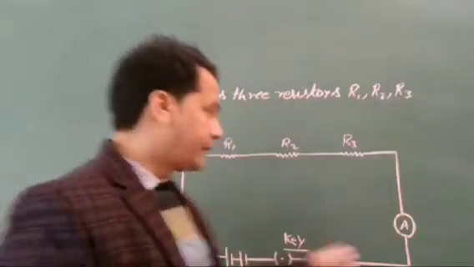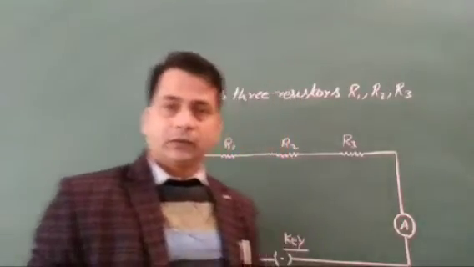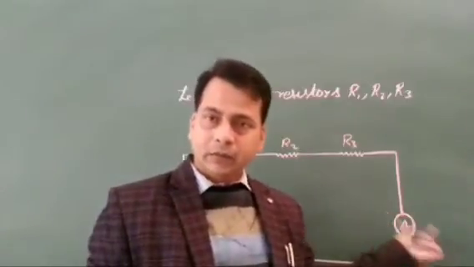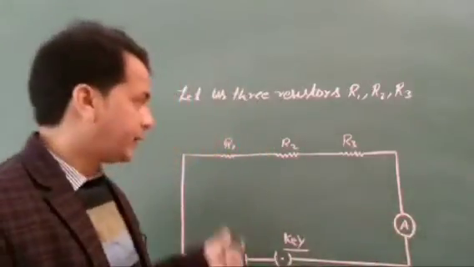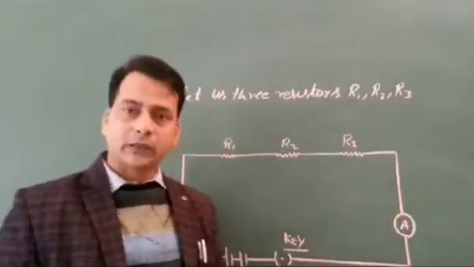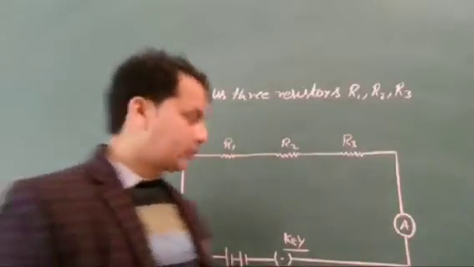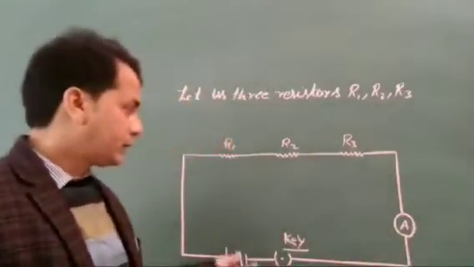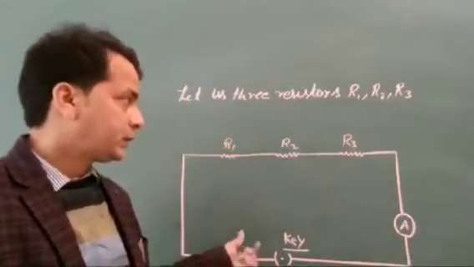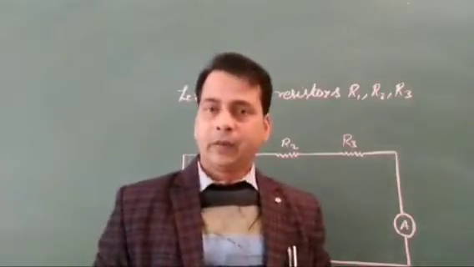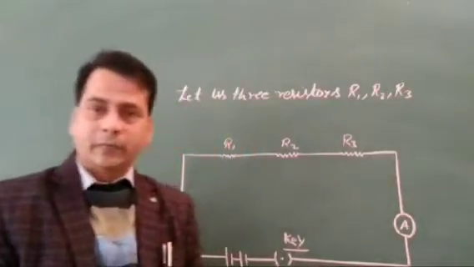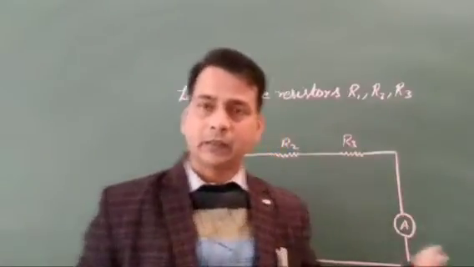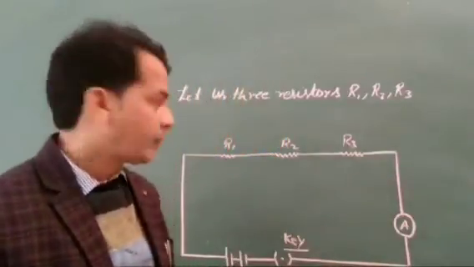Now let us take the reading of the ammeter. If the position of the ammeter is changed anywhere between the resistors, let us note down the reading. The current in the ammeter will be the same whenever its position is changed between the resistors.